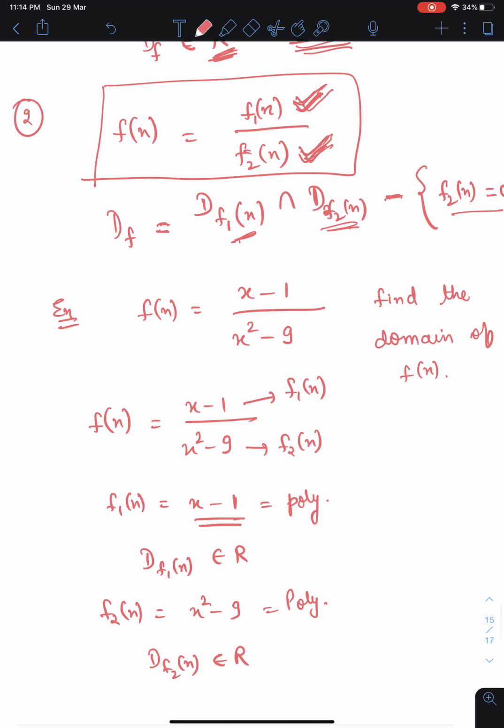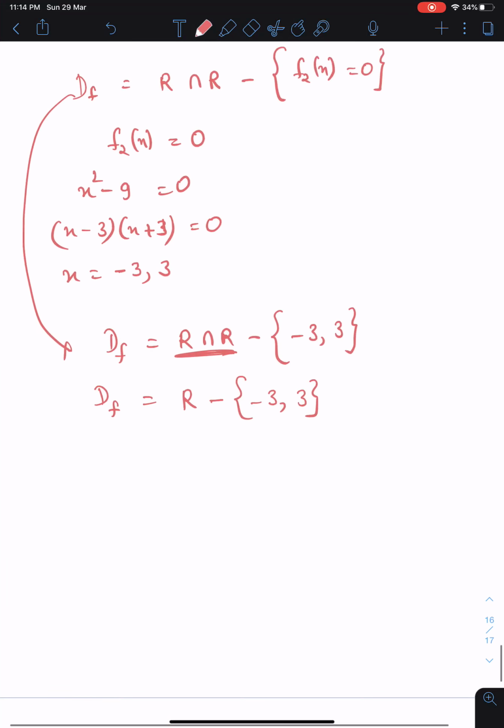You are saying that this function is accepting all the values except minus 3 and 3. Why is it? Because if you are putting minus 3 in the denominator, minus 3 square is giving you 9. 9 minus 9 will be 0, and something upon 0 will give you infinite value, which is not acceptable for the function. Okay, so I hope this is clear.